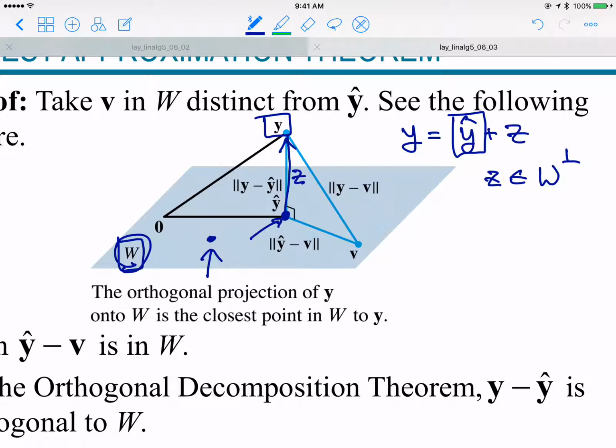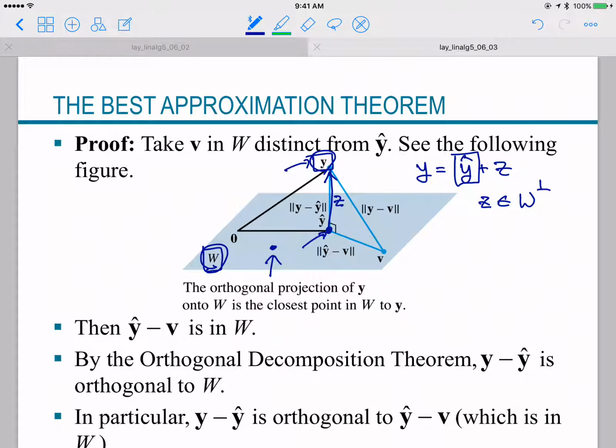Among so many vectors that you can pick from the subspace W, the orthogonal projection of this vector Y is the best approximation of Y, in the sense that the length of Y minus Y hat is minimum, the shortest.